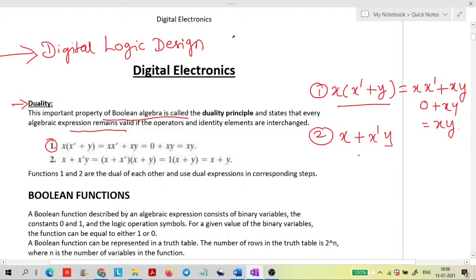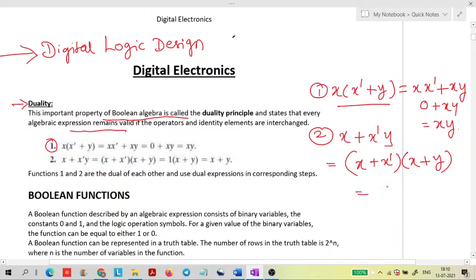So what is the operation here? This we can write in this way: x plus x bar into x plus y.